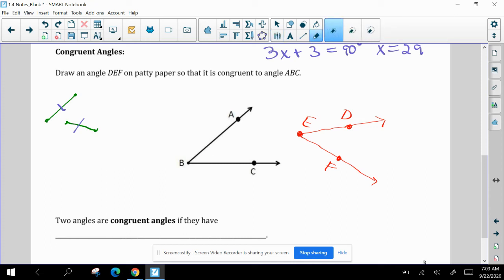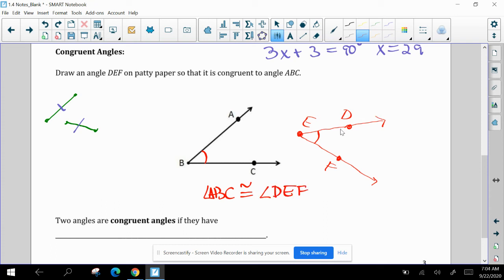So when we mark our angles, we use these little notches, but they're going to go like this. So this would indicate to somebody that angle ABC is congruent to angle DEF. There's no measurement here because we're talking about the whole physical angle.